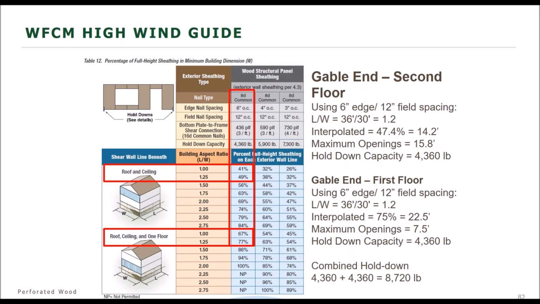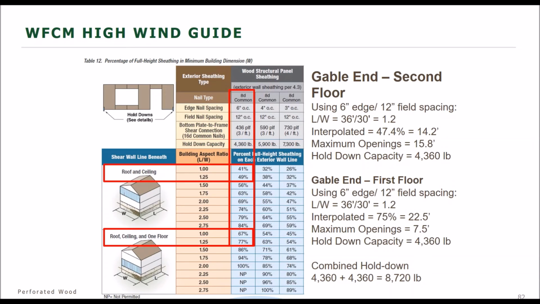All right, let's design our gable end. We did not have an illustration of the gable end in this case, so what we're going to do is just provide the maximum amount of openings we can have in this design. So for the second floor, we're going to assume 6-inch edge spacing and 12-inch field spacing everywhere.